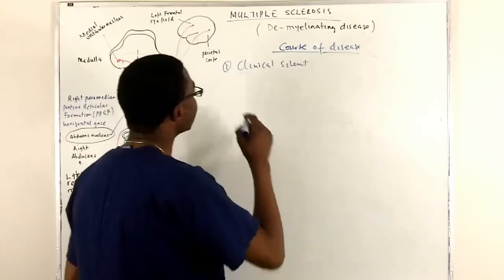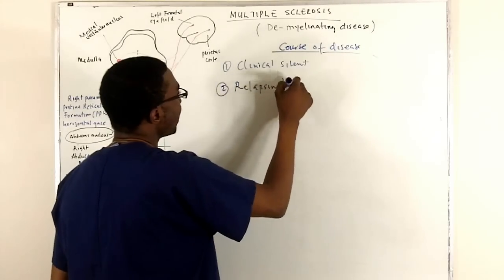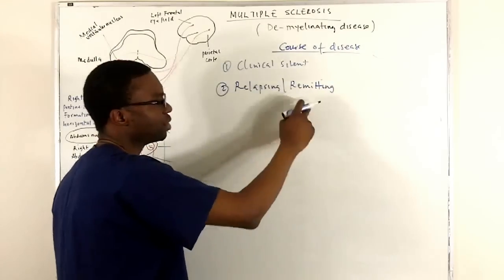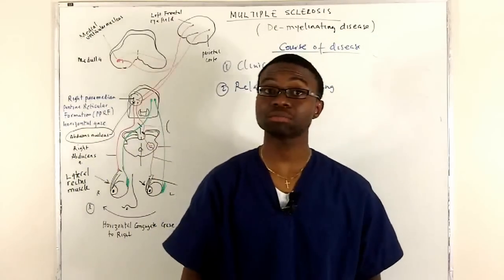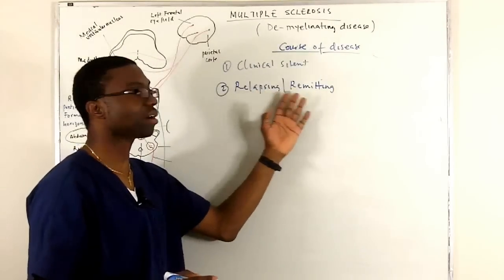And then we have the relapsing and remitting course. What does this mean when we say relapse and remit? Off and on. On, off, on, off.